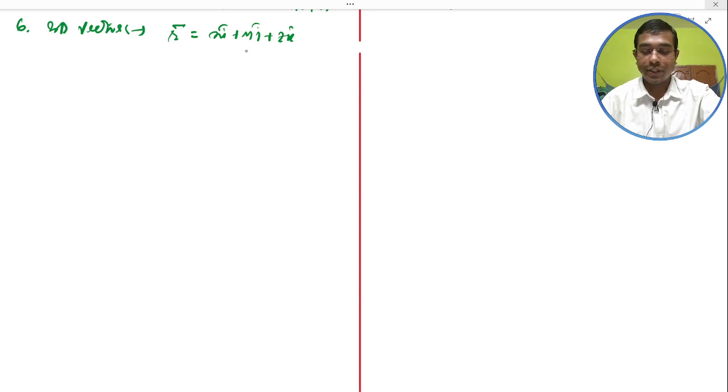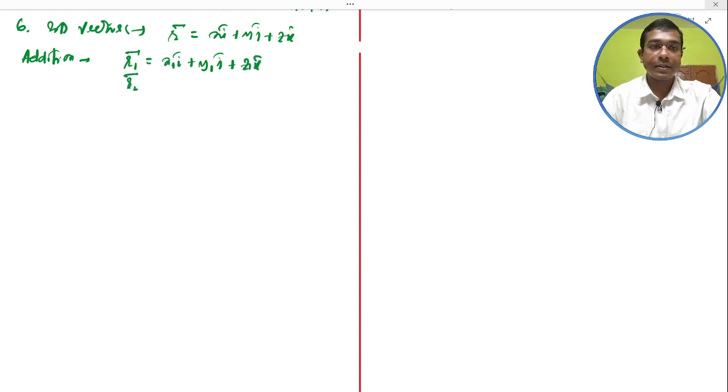Now the addition of two vectors. First, the addition. Suppose R1 is equal to x1i plus y1j plus z1k, and the other is R2, equal to x2i plus y2j plus z2k.